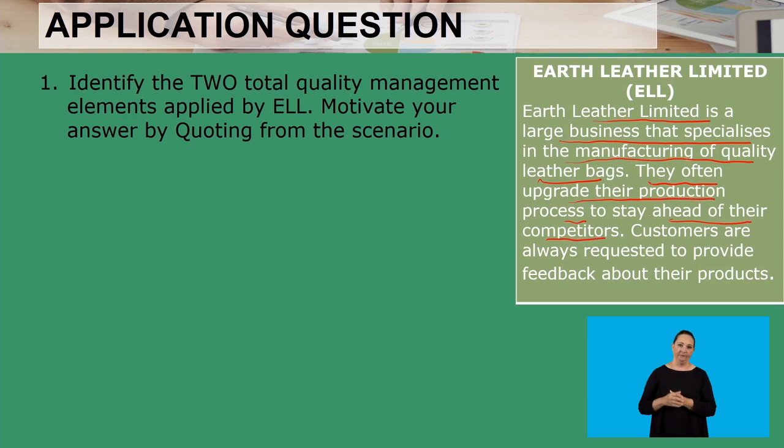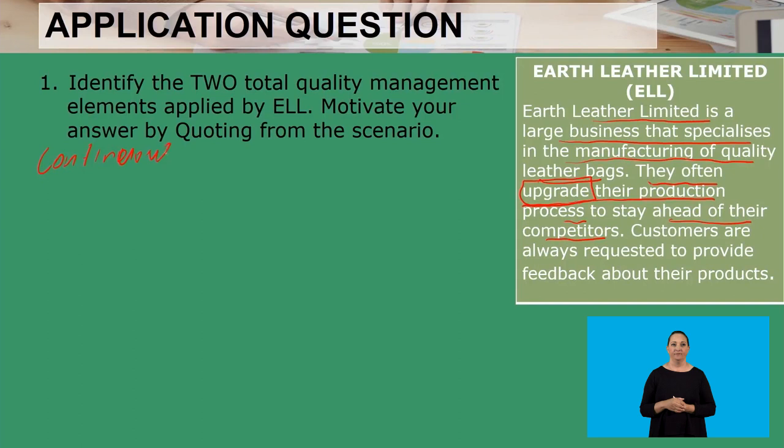Which element talks about upgrading, about improving the systems in the business? There's only one TQM element, which is continuous improvement to processes and systems.